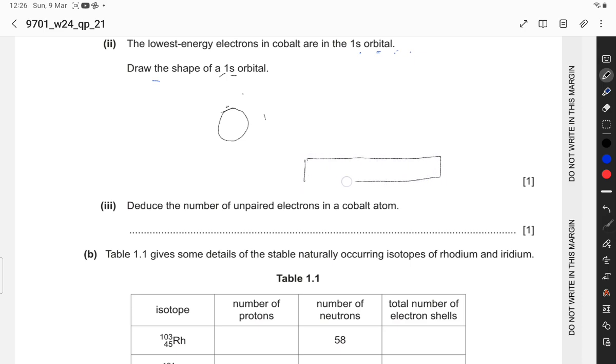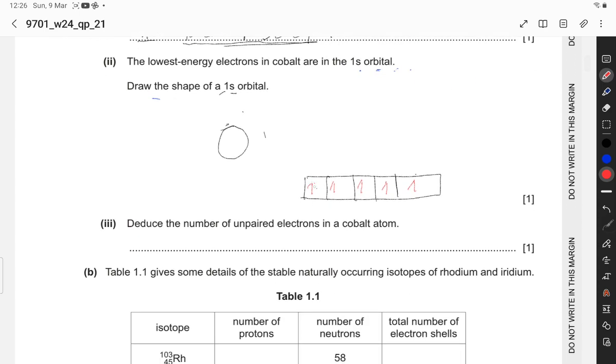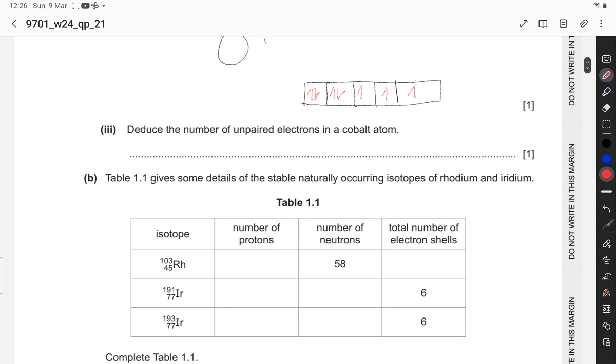So this is the 3d orbital, 1 2 3 4 and 5, and electrons first go in like this, unpaired, unpaired, and because 3d is 7, then this is paired and this is paired. So there are 3 unpaired electrons in a cobalt atom. So write down 3 over here.